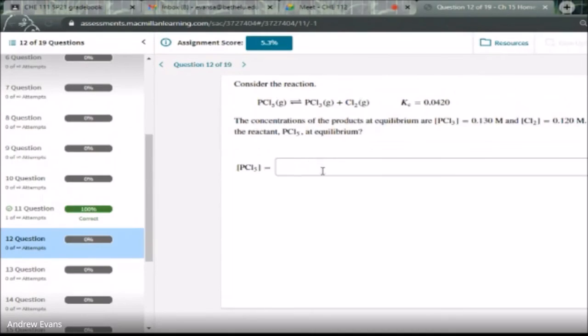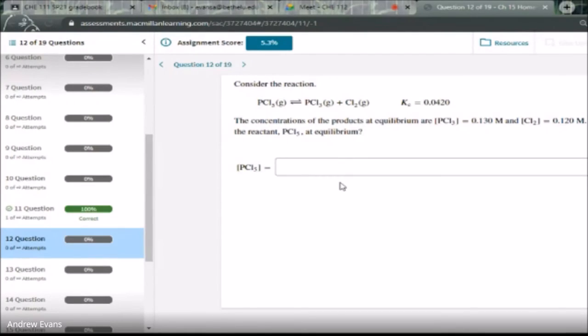Looking at this, we're given the concentration of the products at equilibrium. What is the concentration of PCl5 at equilibrium? This one is a nice problem where we know K, but we don't know the PCl5. However, they already give us the concentrations at equilibrium, so we don't even need an ICE table.